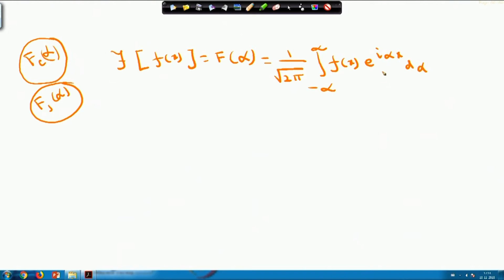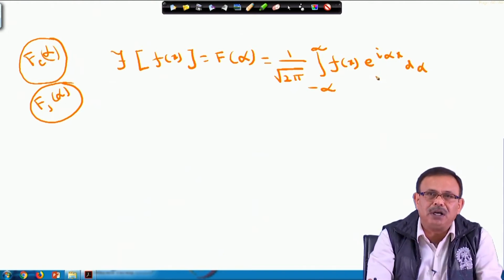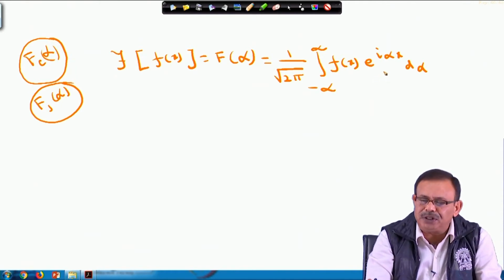Here you see the kernel I have taken is e power I alpha x. Instead of this, I could have taken e power minus I alpha x also. But since here I have taken e power I alpha x, whenever I take the inverse Fourier transform, I have to take e power minus I alpha x. And if I had taken e power minus I alpha x here, in the inverse Fourier I would have to take e power I alpha x.